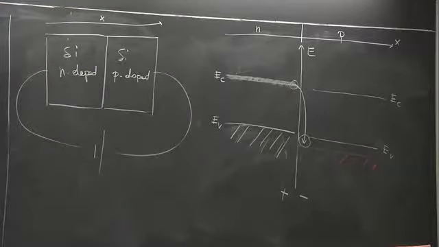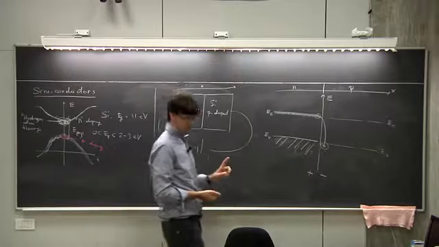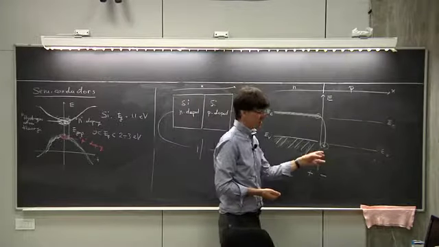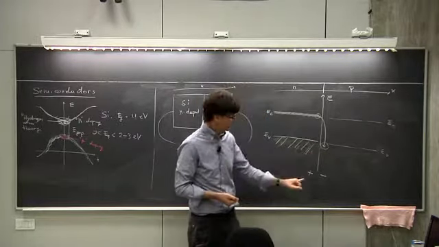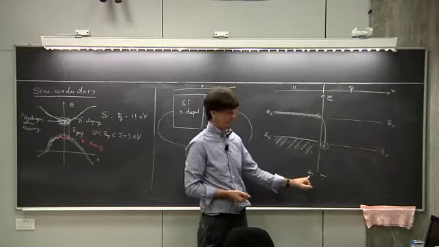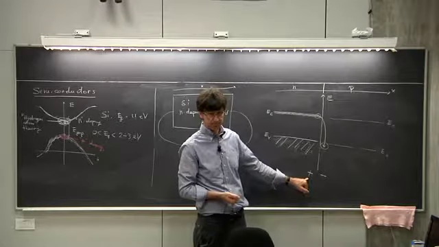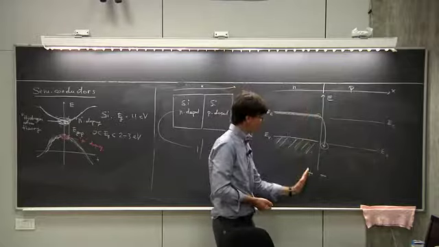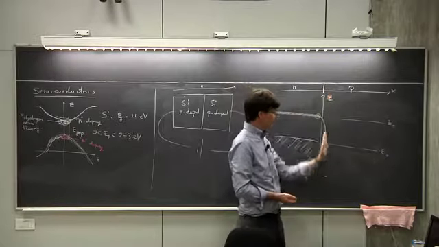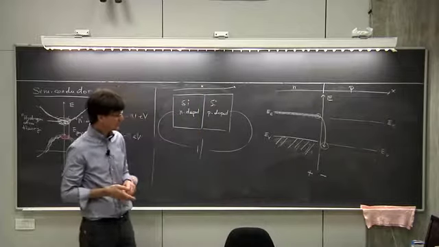It is true that you gain energy, but you have to be careful, because as soon as you move 1 electron, 2 electrons, 3 electrons, there's going to be a build-up of negative charge on the right side and a build-up of positive charge on the left side. So you're going to have a layer of positive charge here and a layer of negative charge right on the other side of the interface.